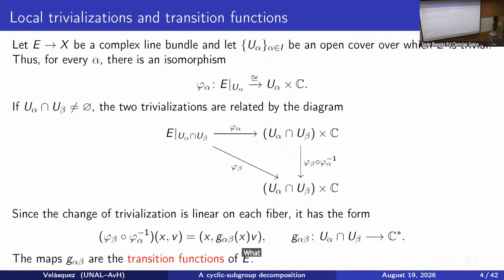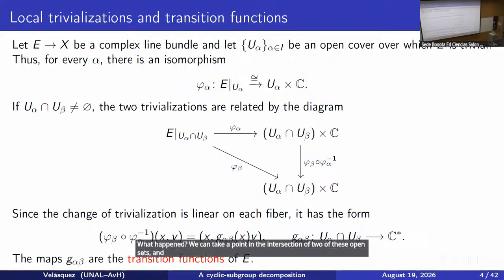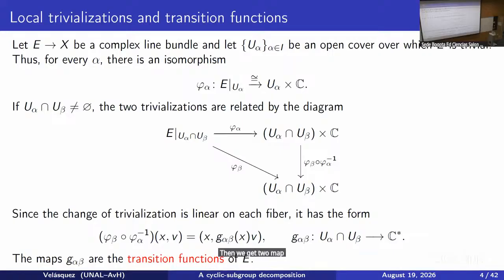What happened? We can take a point in the intersection of two of these open sets, and then we can trivialize with P alpha, and we can also trivialize with P beta. Then we get two maps from the restriction of the bundle to these two products. And there is a way to translate one trivialization into the other by this map, P alpha inverse composed with P beta.